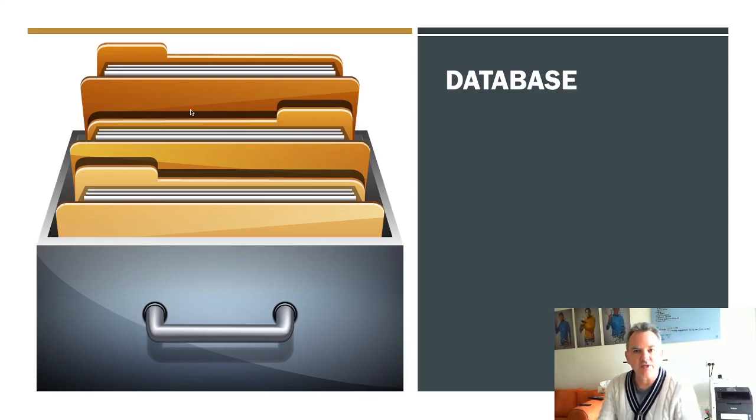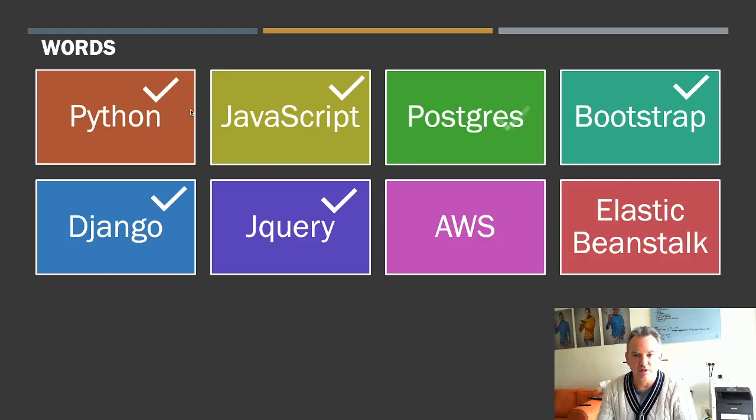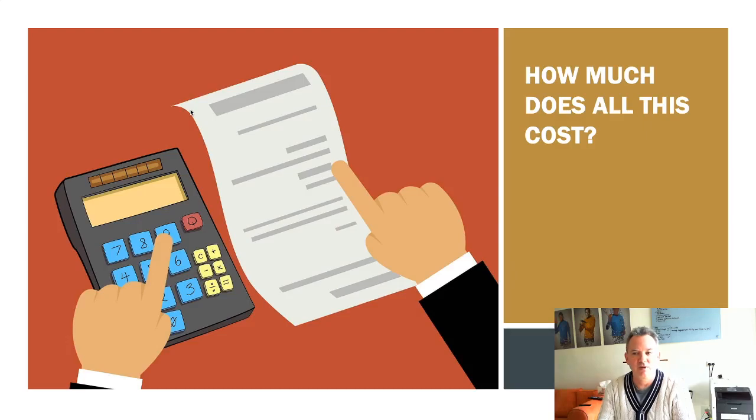Databases are phenomenally expensive pieces of software. Companies like Oracle and Microsoft and IBM make an absolute fortune out of their database software. We're using a database you may not have heard of, which is called Postgres. So now we can see we've got a whole bunch of things in here, and you're starting to think, well, that's quite a lot of stuff. How much does all of this cost? And this is quite a strange thing with technology.